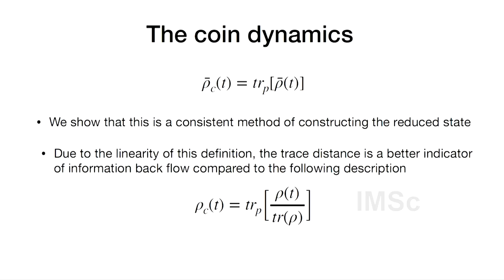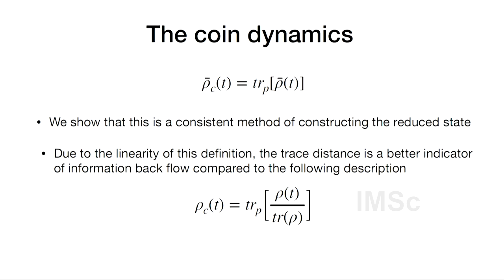So we want to look at how the coin dynamics is changing because of the non-hermiticity of the walk as a whole, right? What we have done in our work is to construct this reduced dynamics using the metric formalism properly, which to our knowledge has not been done. And we contrast it to another usual way of defining a reduced state, where we redefine it at each time by dividing by the trace of the density matrix.